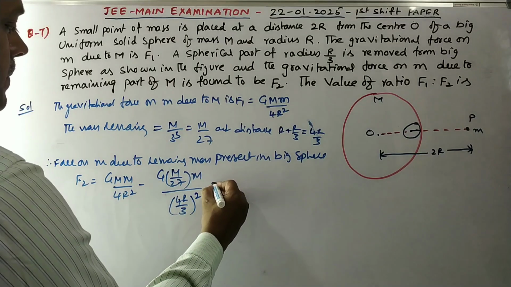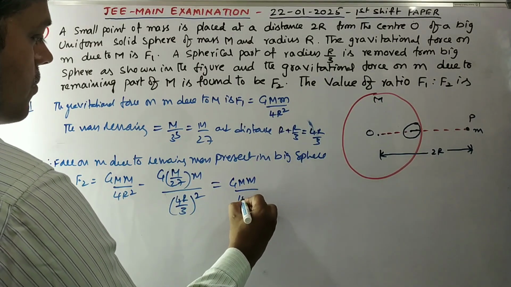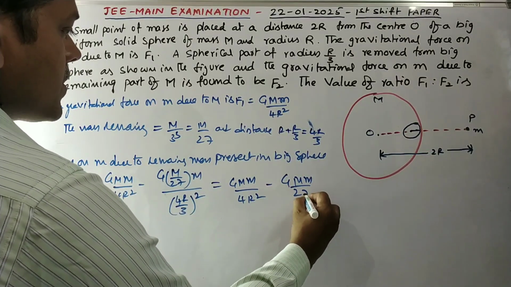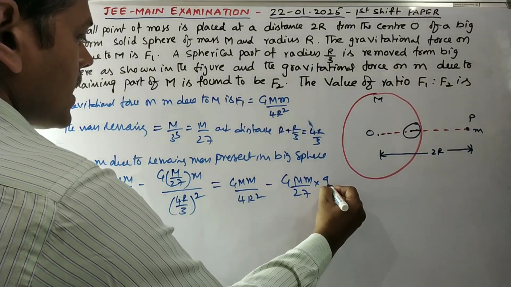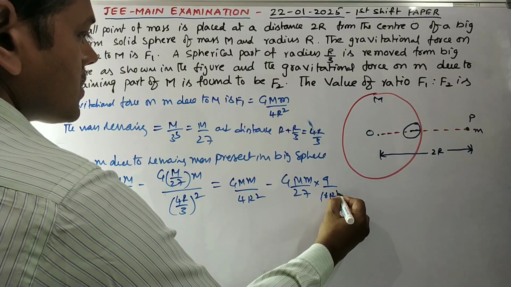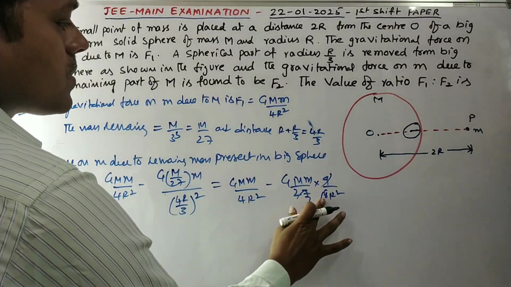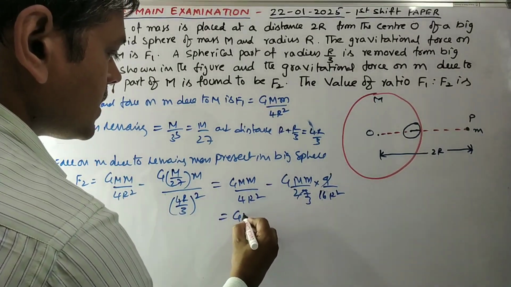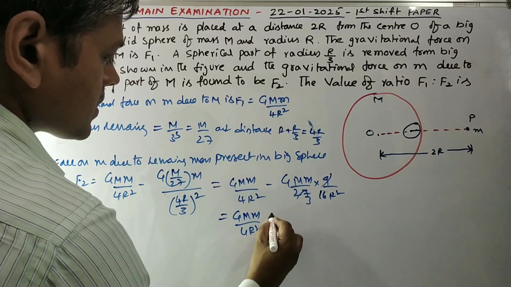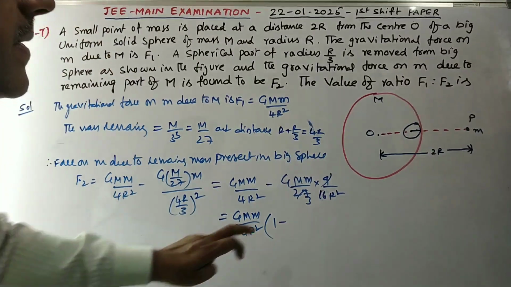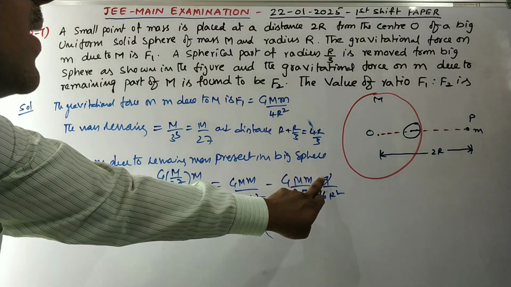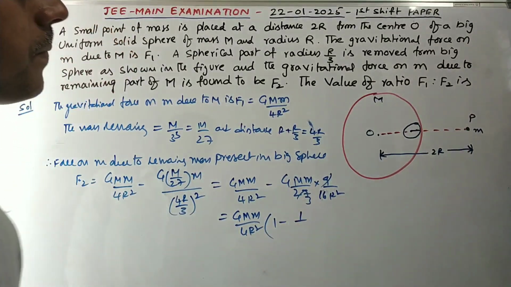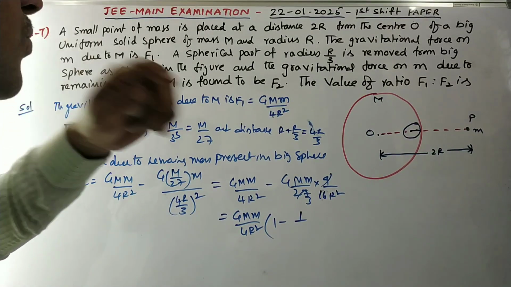So it may be written as GMm by 4r square minus GMm by 27 into 9 by 16 r square. Taking GMm by 4r square as common, we get 1 minus the remaining fraction.